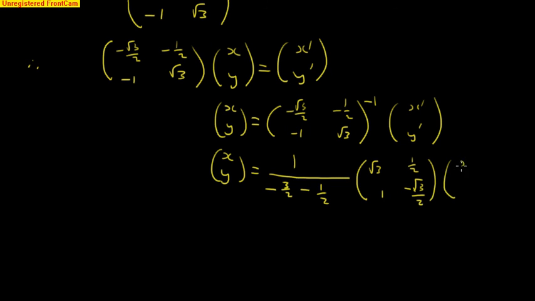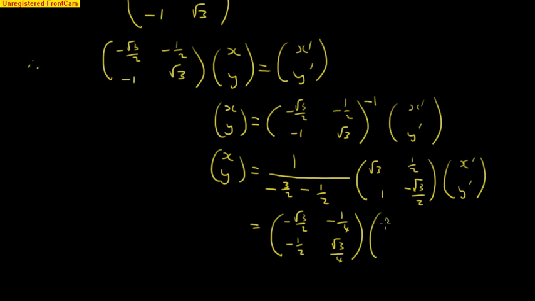All that is multiplied by x dash y dash. And that equals negative 1 half, negative half is negative 2, so that's negative a half on the outside, times that. So we get negative root 3 on 2, negative a half, negative quarter, plus root 3 on 4.